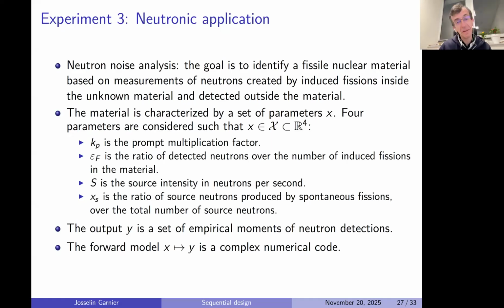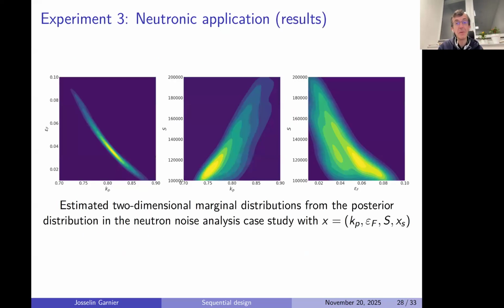So it's quite complex. That's why when you want to identify a nuclear material very, very quickly, you cannot run an MCMC algorithm. But you can run IPSure, and this is just to show you. Here, this is a reduced model. In fact, this is not the full model, where the input parameters are of dimension 4.